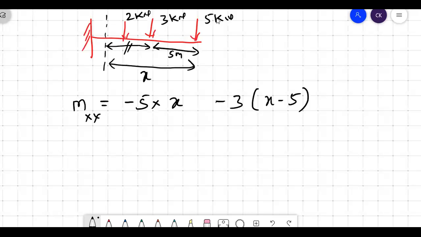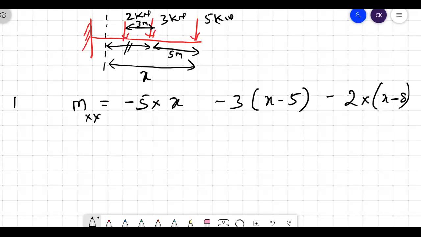Next, another load is there, 2, and its distance is x minus, what is the value? The distance between these two point loads is 3. Therefore, x minus 8. It is also negative. This is the bending moment equation at that location.